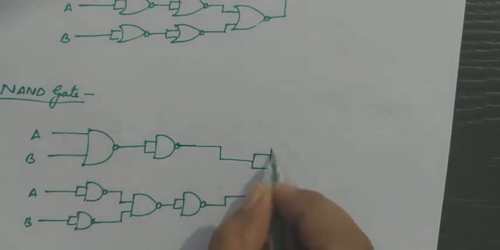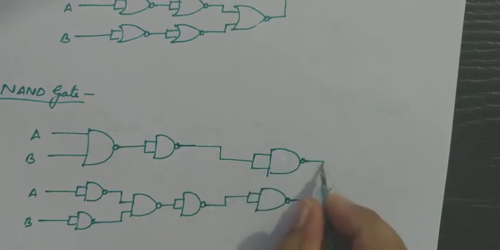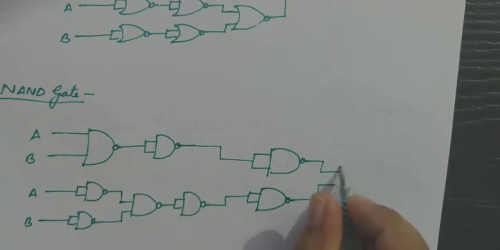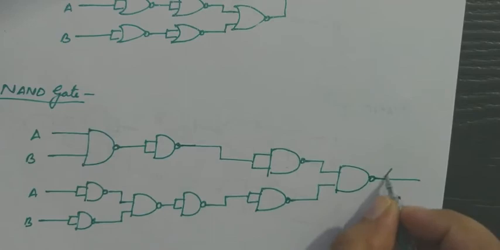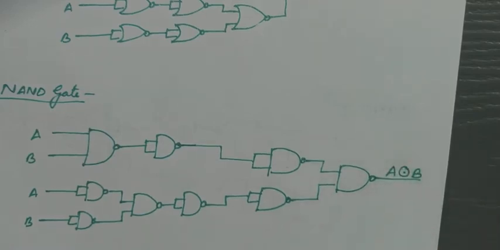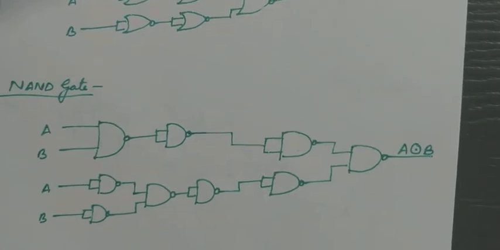Now we will connect these two lines to an OR gate. So this is the required OR gate. This is A XNOR B. So in this way we can make XOR gate and XNOR gate using the universal gates.